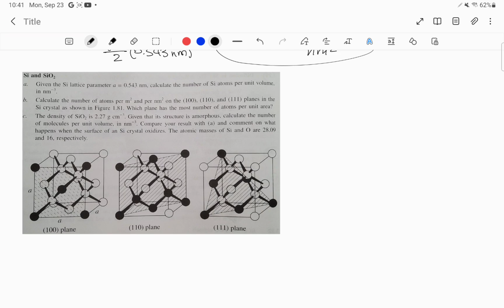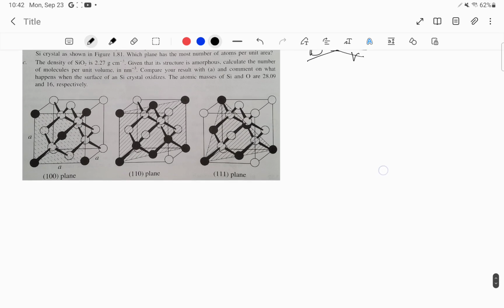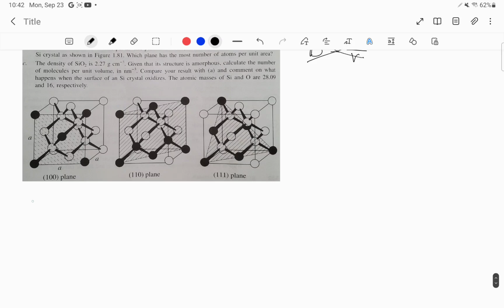So, one would think, we know that density is equal to mass over volume, and we want to find out what the molecules are per unit volume. So we're not necessarily going to be using this equation. This is merely just a conversion. Given that the density, rho, is 2.27 grams per cubic centimeter, we want to go from this to moles.